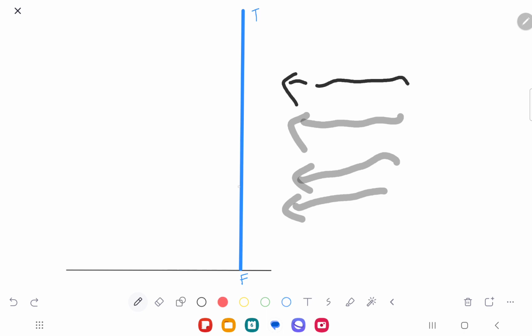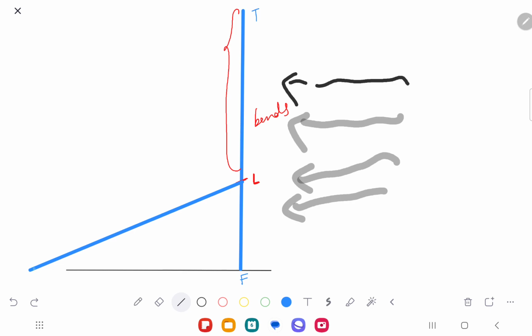And let's suppose from point L, the tree bends. This entire tree bends in such a way that it is going to touch the ground. It is going to bend like this and touch the ground like this. You understand?